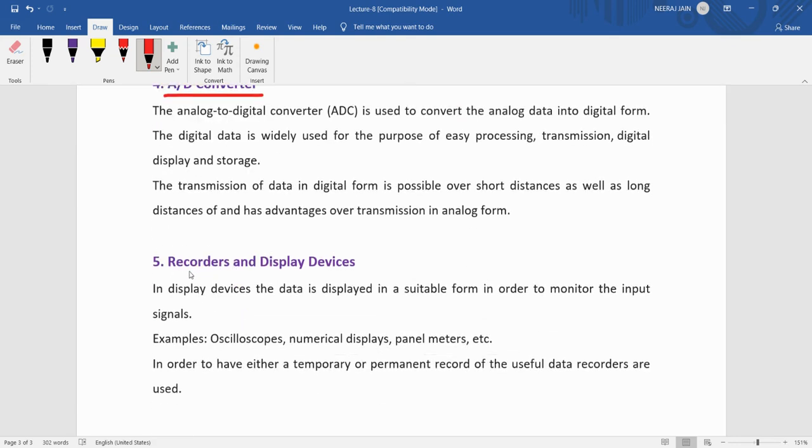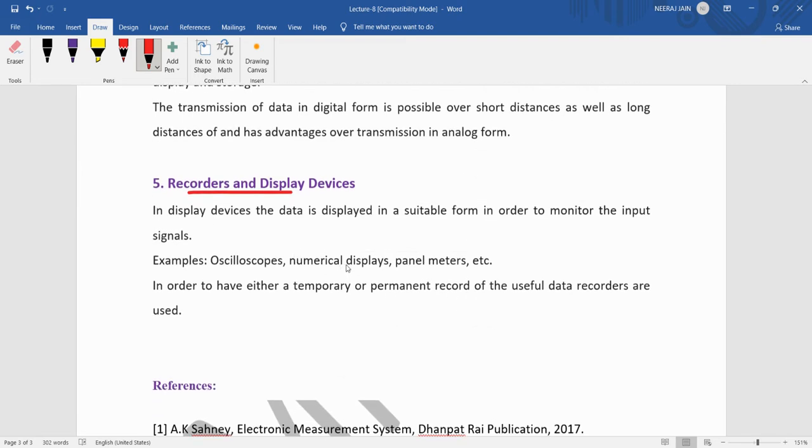Recorder and display devices: the recorder is used to keep a record of the signals.